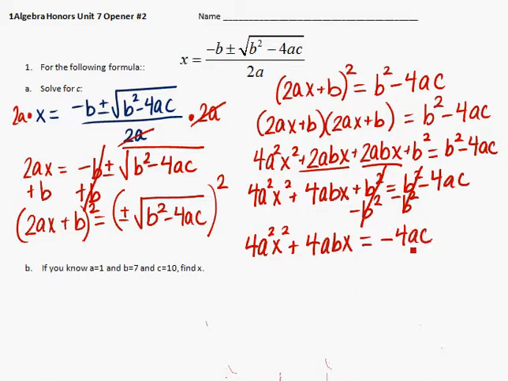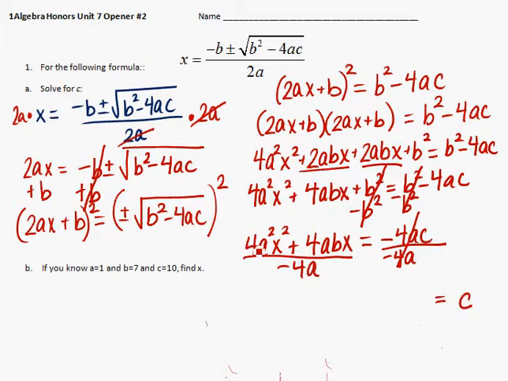After all that, I'm finally almost done. If I want to isolate the c, I see that the negative 4 and the a are both attached to it by multiplication. So I have to do the inverse operation, which is to divide both sides by negative 4a. On the right-hand side, I'm just going to have c left over.